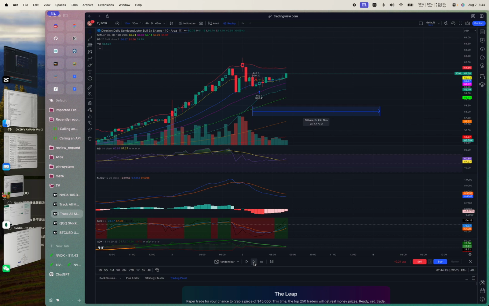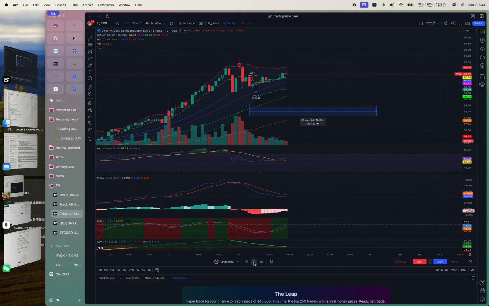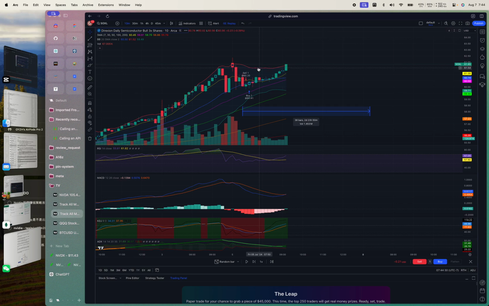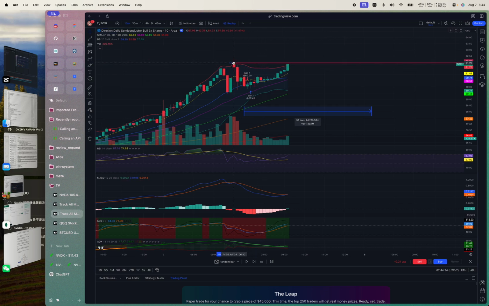It's bullish. But it's too weak. If it can surpass this pressure line, I will enter the game.